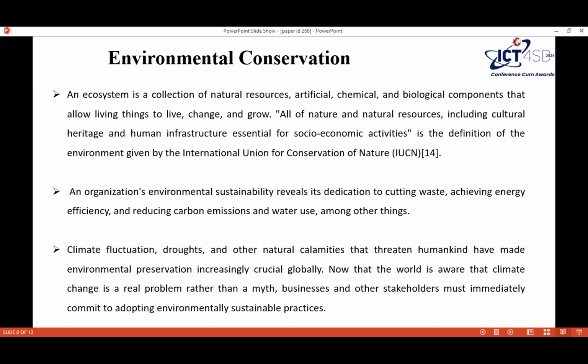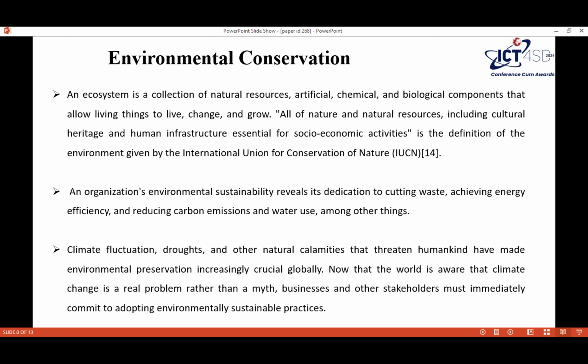An organization's environmental sustainability reveals its dedication to cut down waste, achieve energy efficiency, and reduce carbon emission. Water use also can be reduced, and there are other important things related to conserving the environment.